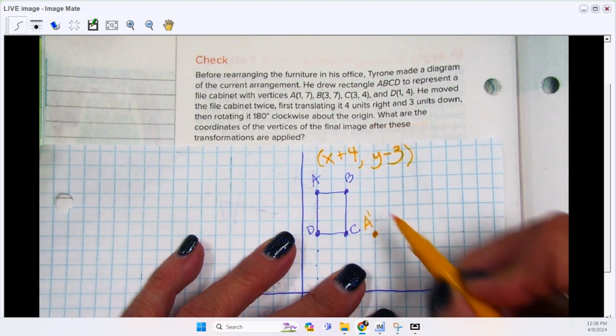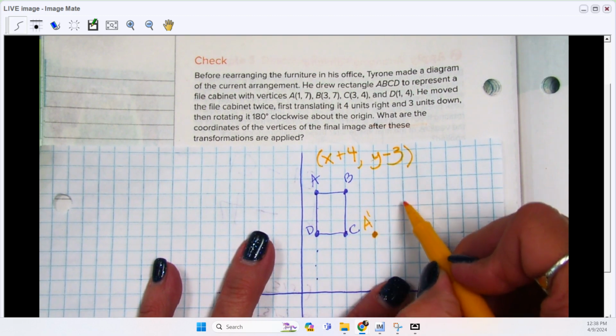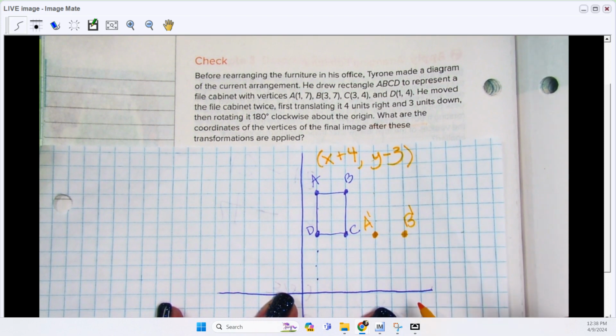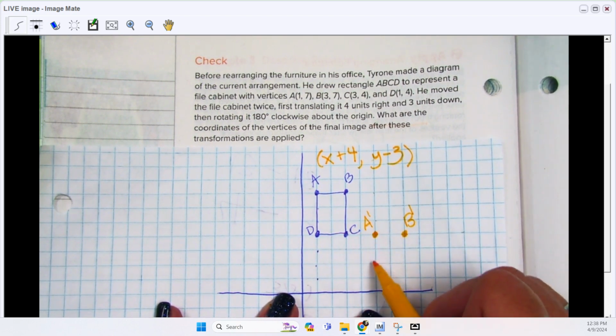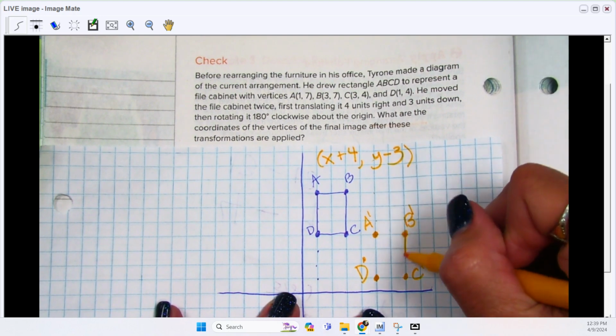That's A prime. B prime. D prime. And then C prime will be here. Okay.